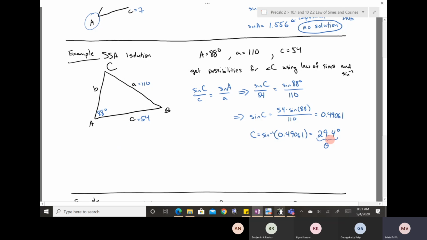So you have theta, which is 29.4 degrees, so we also have to check 180 minus theta. So that's 180 minus 29.4 degrees. What is this? This is about 150.